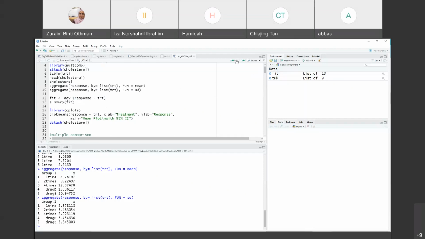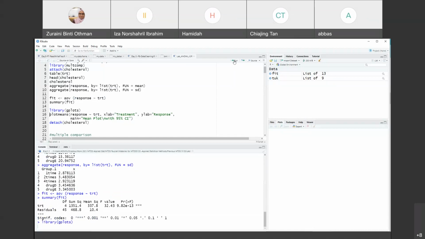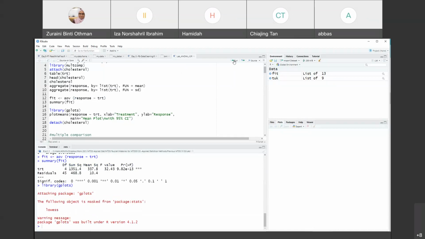Okay, here. Okay, then if you want to look more detail, you just put summary. Okay, this is the result. Okay, after this I will explain one by one. And okay, just run it first. This is the library for gplots, and this is if you want to plot it, X for treatment versus Y for response, and you can plot.